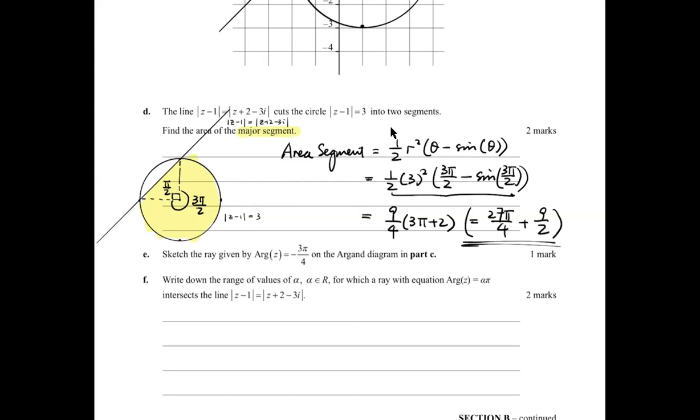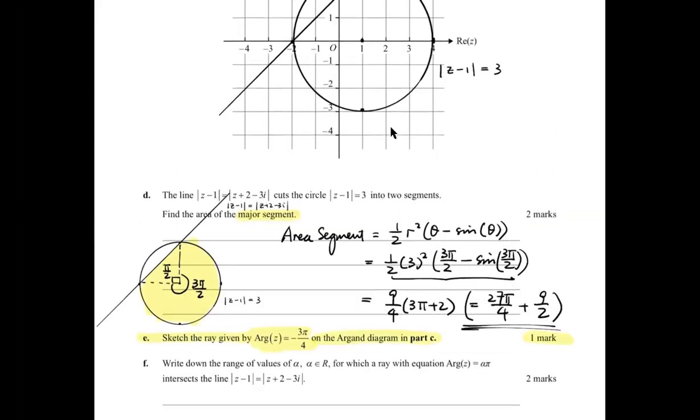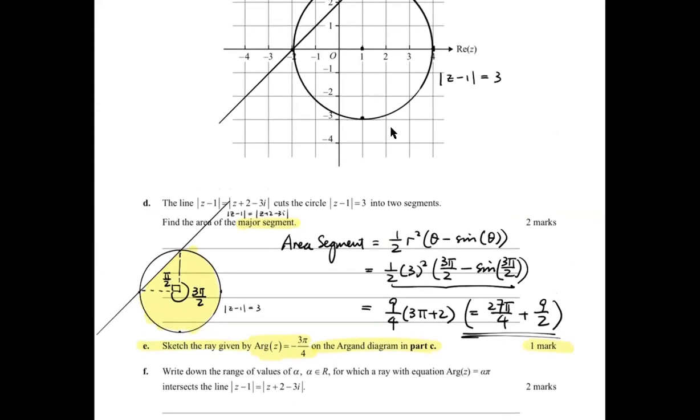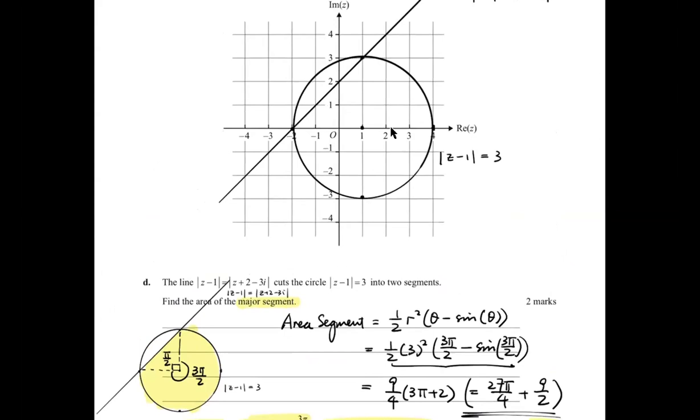Right. Even though this part is very small, you still can't miss it. 1 mark. Don't skip that part. It's very important. Arg z equals minus 3 pi on 4 in part C. So it looks like a straight line like that, but it's a ray.